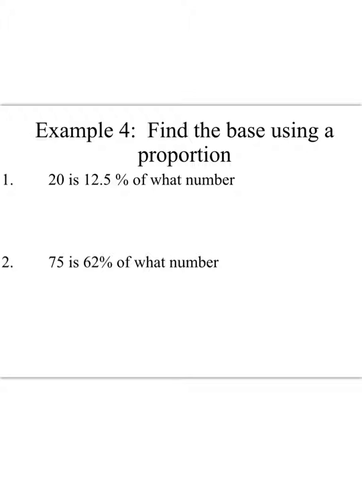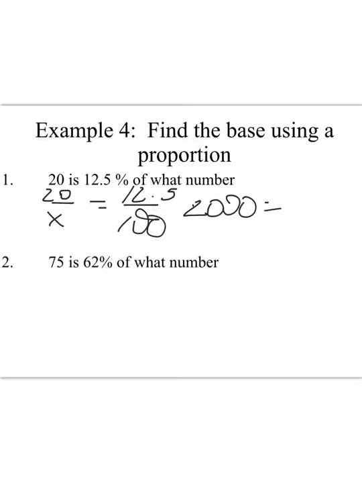Last thing we're going to do is move the x to the final place, the denominator of that first fraction. So I have my 12.5 on the top. 20 is, so 20 goes on top, x goes on the bottom. So when I cross multiply, 2,000 equals 12.5x.